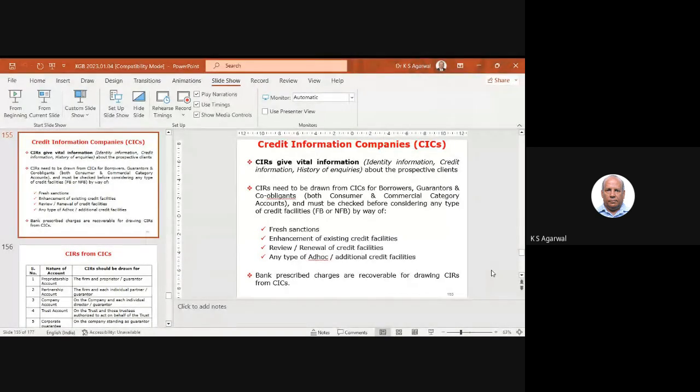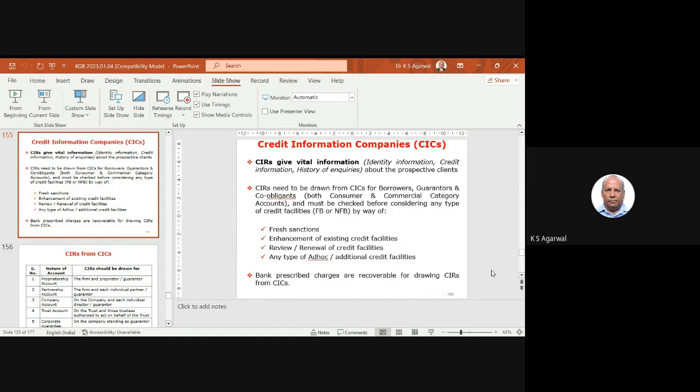Now, the credit information report gives vital information to the credit institution. There are three things. Identity information: name, address, mobile number, PAN number. Then credit information: what types of loans are availed, from which institution, what is the repayment pattern, whether there are any overdues, compromise, or write-off.